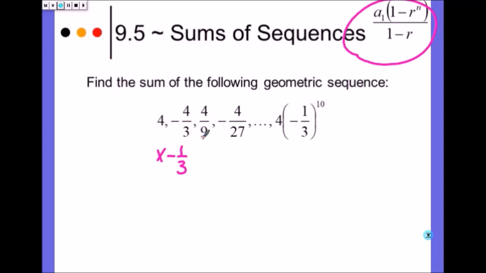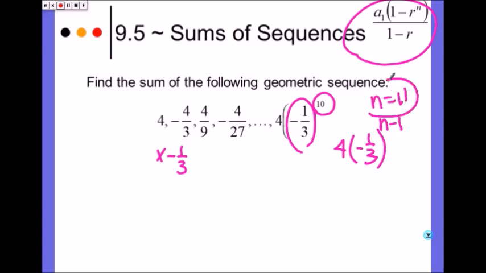So for the series, how many terms are there? When you write the explicit rule for a geometric sequence, it's the first term times the ratio, here negative 1/3, raised to n minus 1. But here, the last term is 10. That means n equals 11. So this is the 11th term.